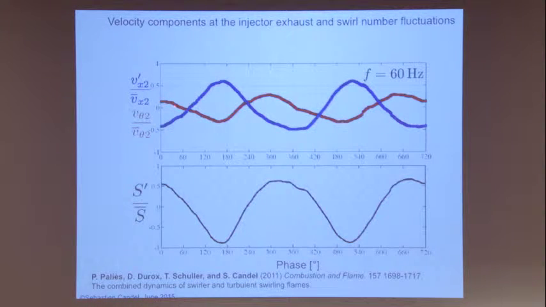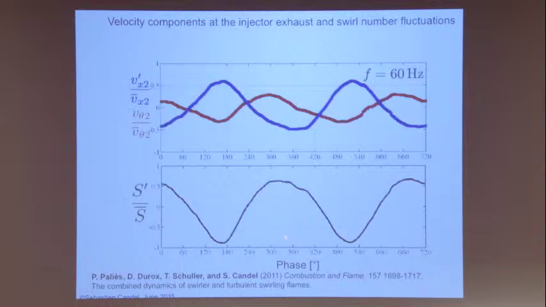And indeed, when you look at the velocity fluctuations in the axial direction and in the azimuthal direction, you measure them in the flame. This is in this paper. You definitely see that you have the two components. This one is slightly smaller than that one, and you can also calculate the swirl number fluctuation.